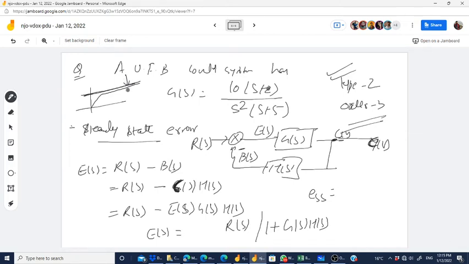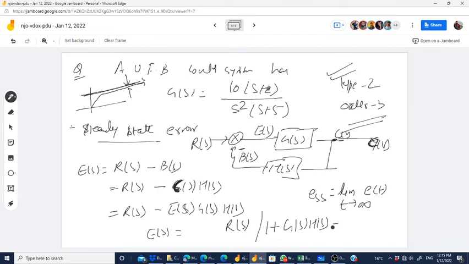And then you are going to calculate the error. ESS is nothing but the error between the input and output, but it is defined at infinite time. So ESS is nothing but the limit t tends to infinity e(t).